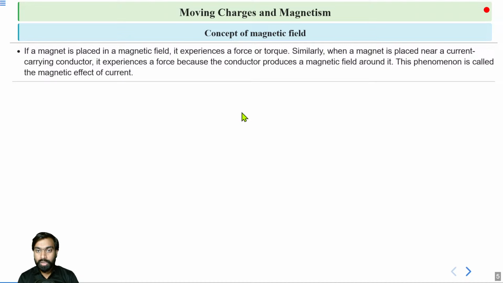Okay, so the moving electric charges, that is current, create a magnetic field, and that magnetic field can affect magnets nearby. This is called the magnetic effect of current. In short, we can say electric current produces a magnetic field, and that field can push or pull magnets.